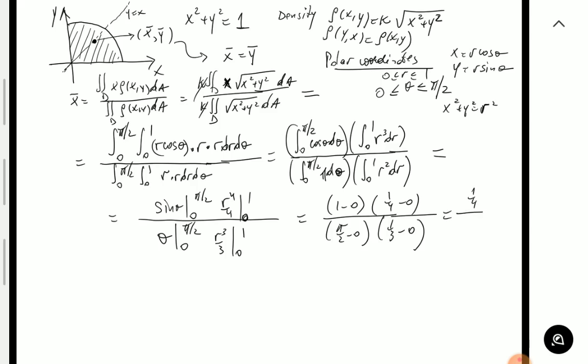So 1 over 4 divided by pi over 6. That's 6 over 4 pi, which simplifies to 3 over 2 pi. Which, by the way, is approximately 0.48, as expected. It should be somewhere in between 0 and 1 along that radius.